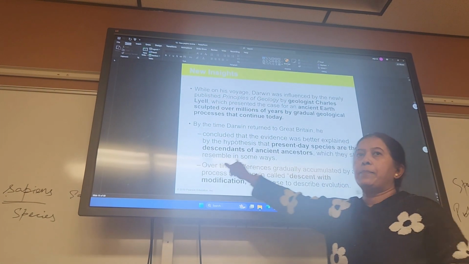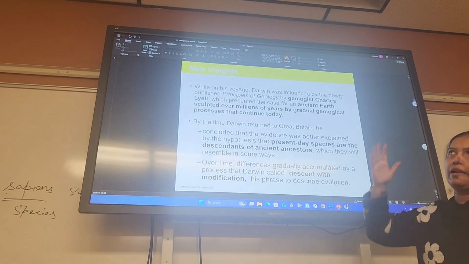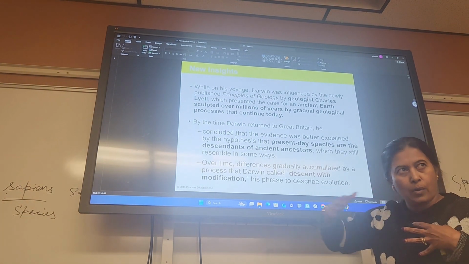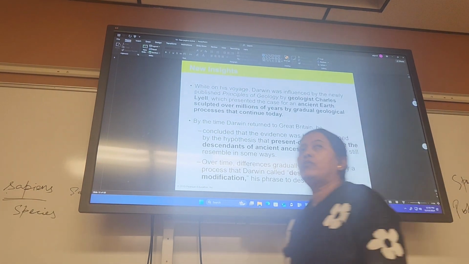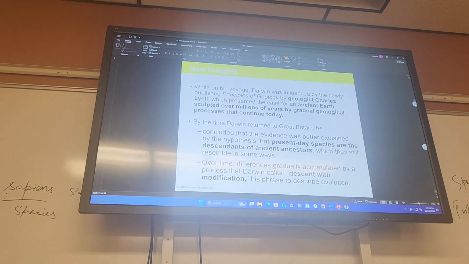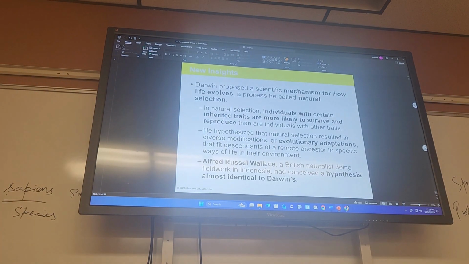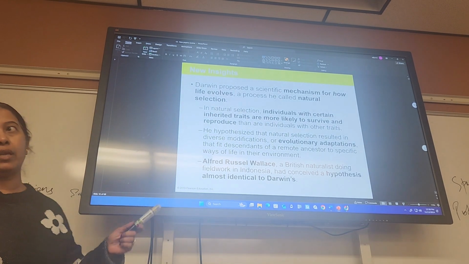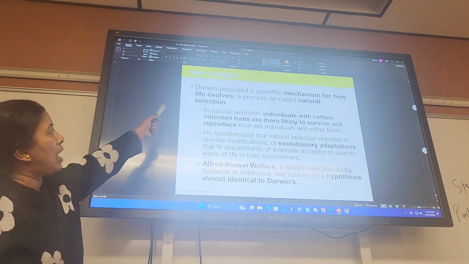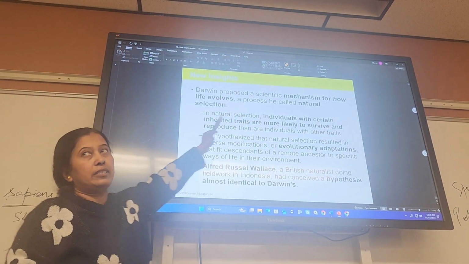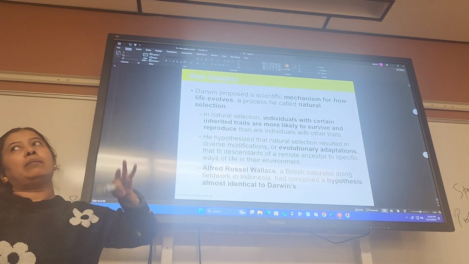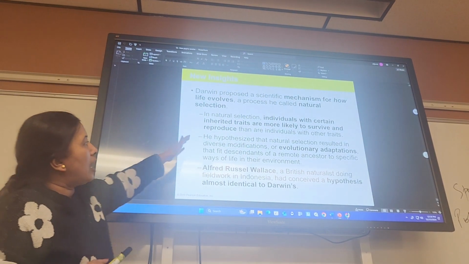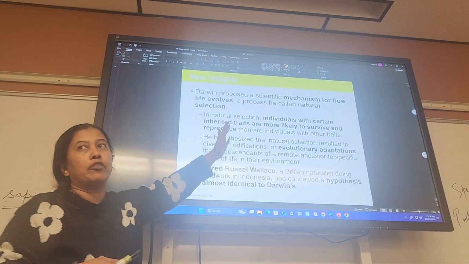Okay, so his understanding, or his hypothesis, nowadays is termed descent with modification. That means as we descend, we evolve, we change. So Darwin proposed a scientific mechanism. He had collected evidence for how life evolves, and he said individuals with some traits are more likely to survive and reproduce.